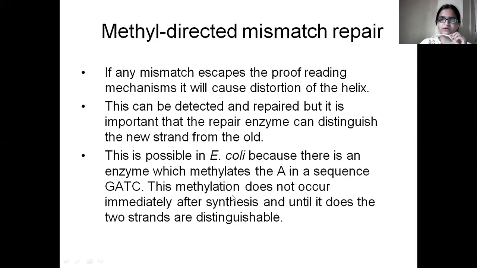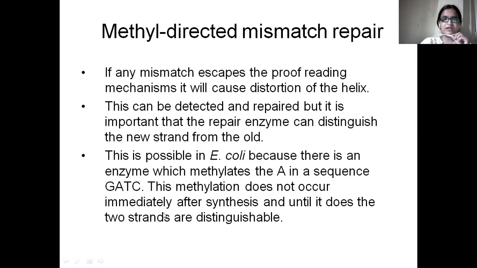To identify the new strand where repair has to be taken, there is a mechanism. In E. coli we can see that after replication, after some time, wherever GATC sequences are there in the DNA sequence, the adenine in the sequence will be methylated.